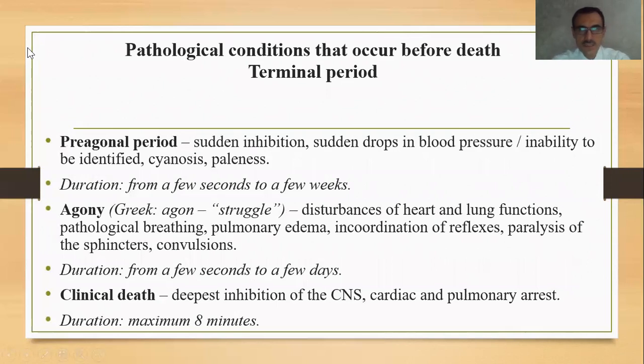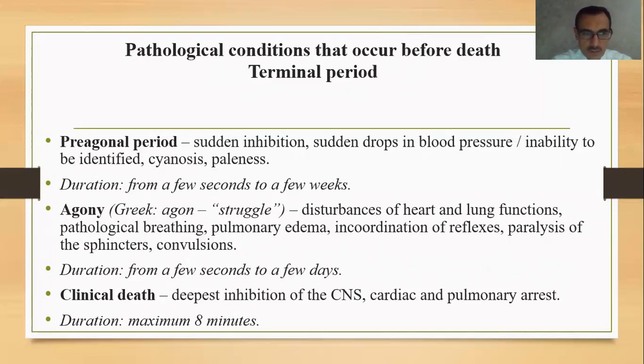Pathological conditions that occur before death we call the terminal period. First, the pre-agonal period that presents sudden inhibition, sudden drops in blood pressure, inability to be identified, cyanosis, and paleness. Duration from a few seconds to a few weeks.